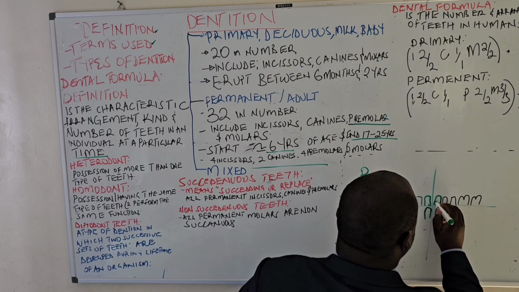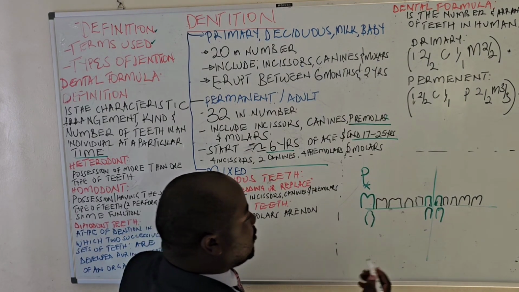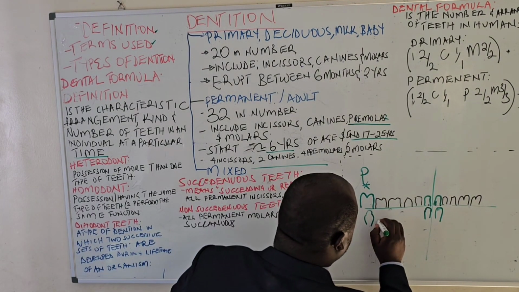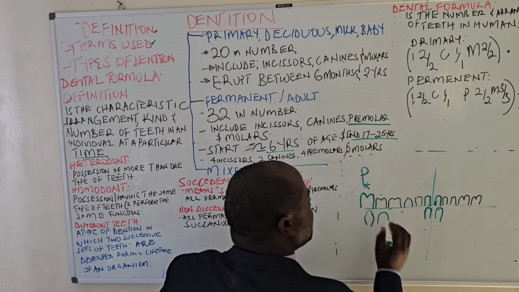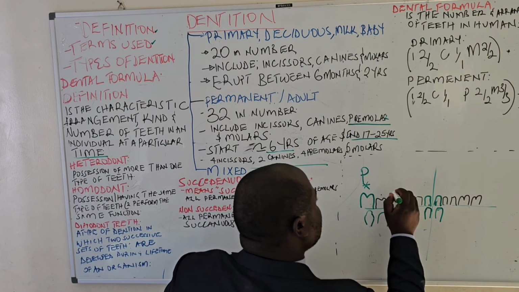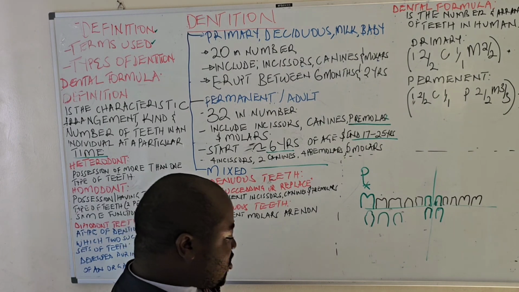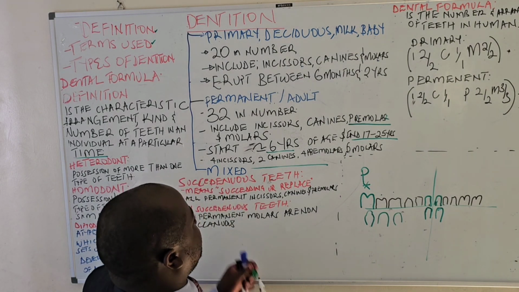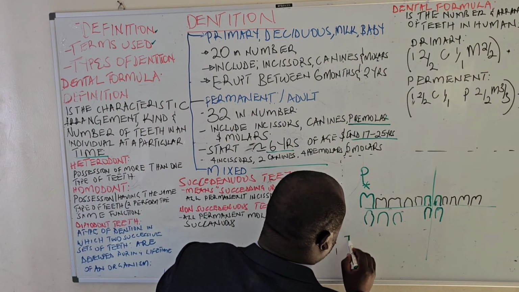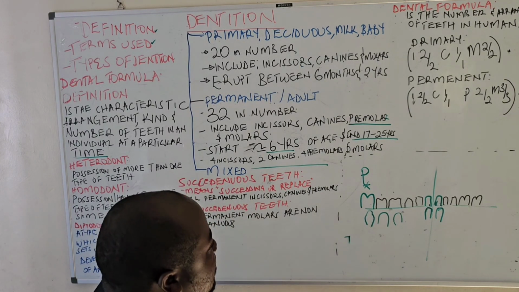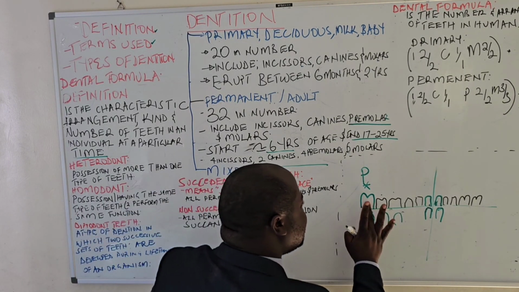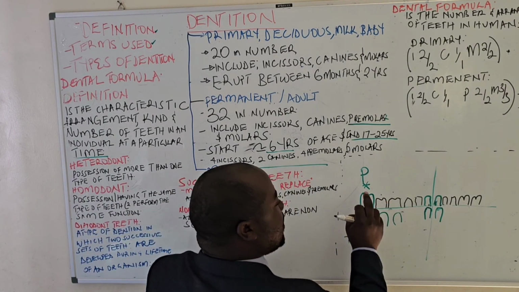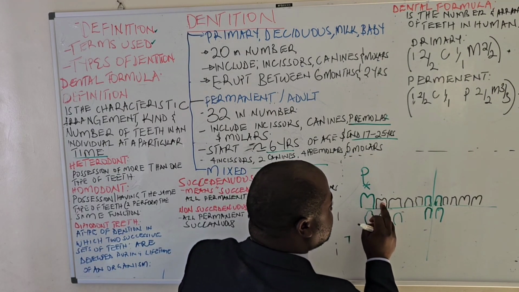In this period, they shall keep being replaced. These ones are replaced by these ones, but at different ages. So at a time, for example, maybe around 7 years of age, we shall have primary, this in black, and permanent, this in green.